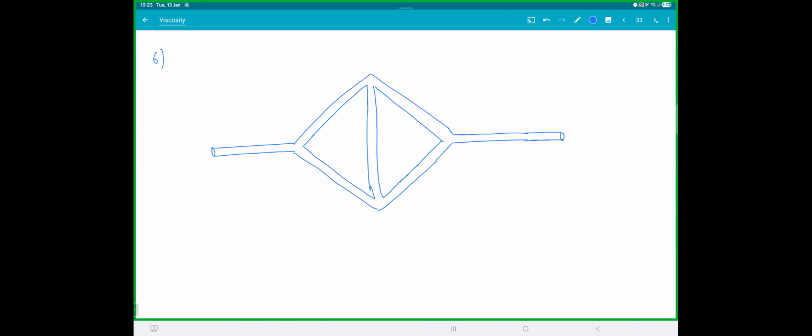So this is the system. Liquid is flowing through the pipe. Each pipe's length is L, radius is A. All are identical pipes. At this point the pressure is 2P naught, and at this point the pressure is P naught.